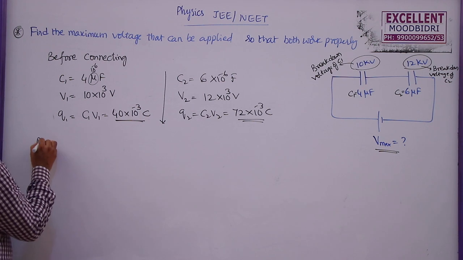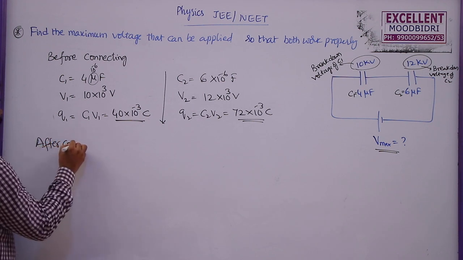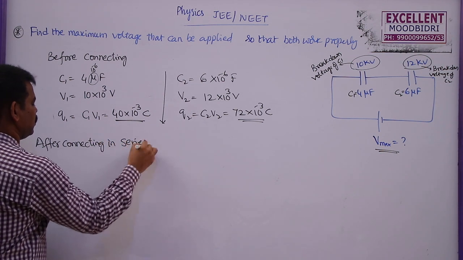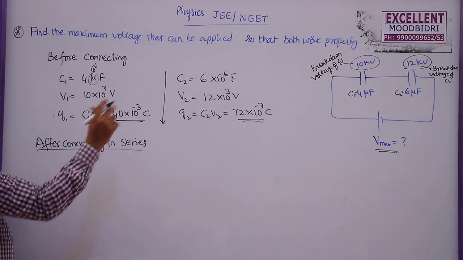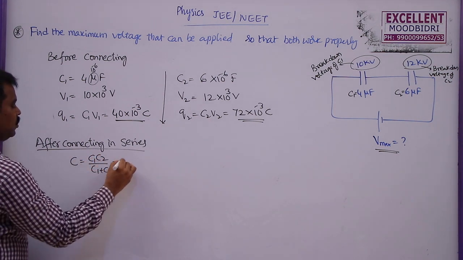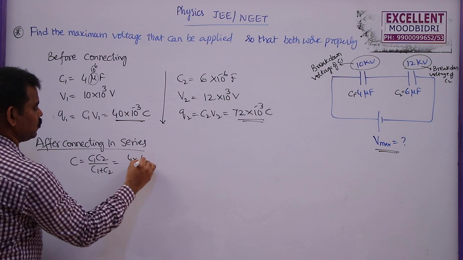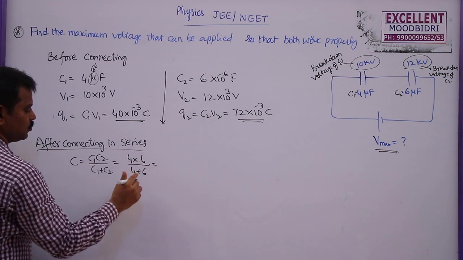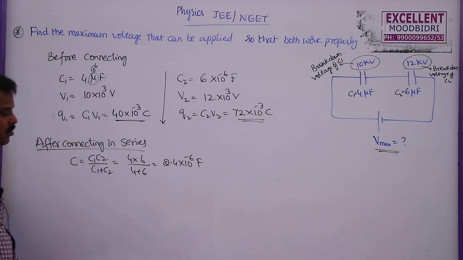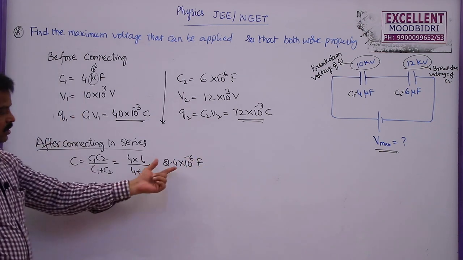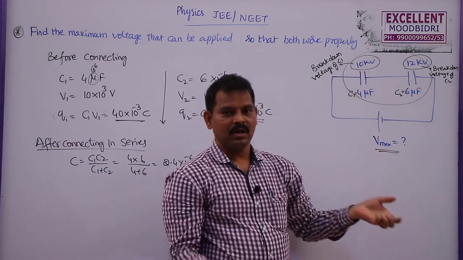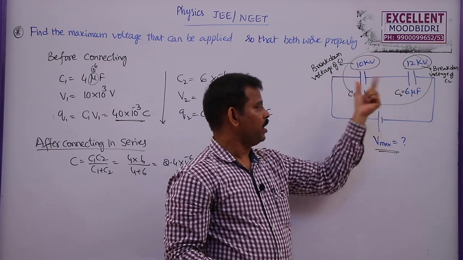Now after connecting in series, as these two are connected in series, the effective capacitance is C1 C2 by C1 plus C2, that is 4 into 6 by 4 plus 6, 24 by 10, 2.4 microfarads. This is the total capacitance of this combination after connection. Previously 4 and 6, now after connection, this will be 2.4 only.